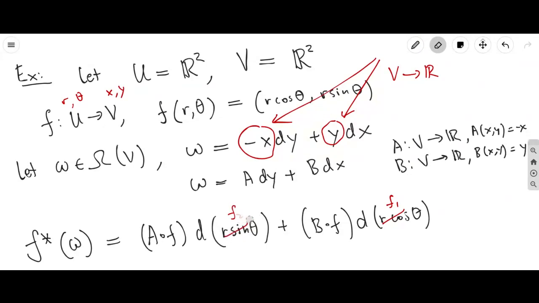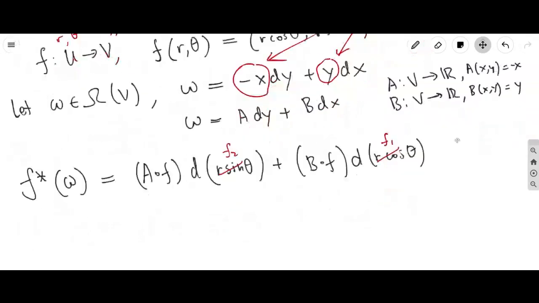So you find the second component of your smooth mapping f. This is a smooth function, and you're going to take the exterior derivative of whatever that function is. But it's just notationally simpler to replace it by whatever that is. Okay? And you do the same thing over here. And now you get to calculate this.